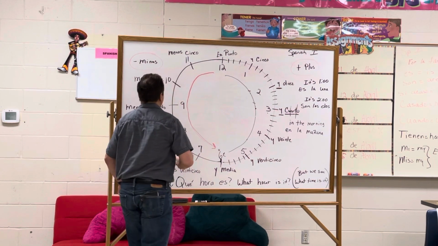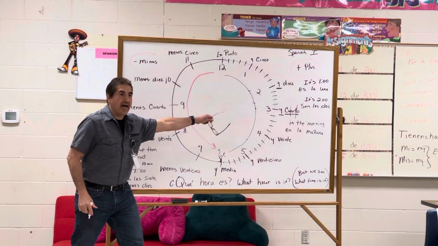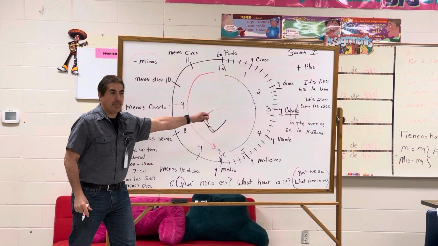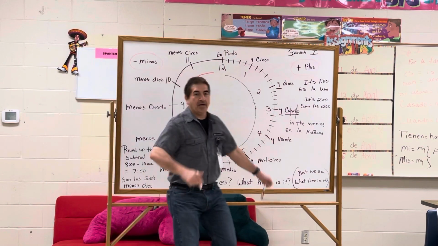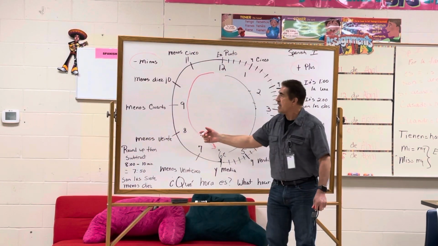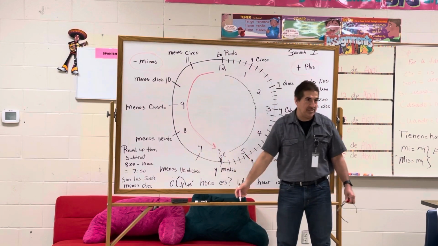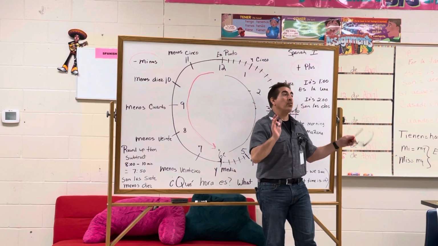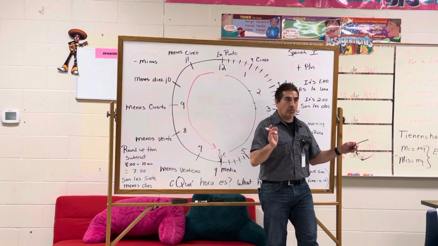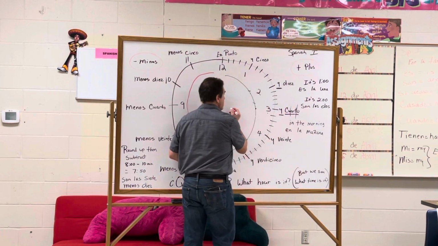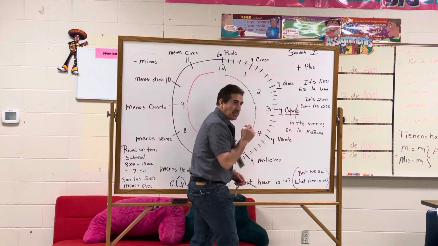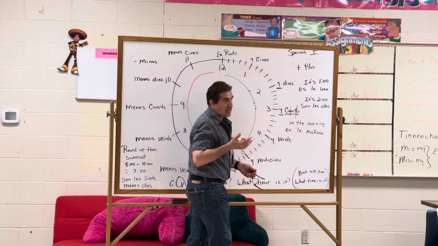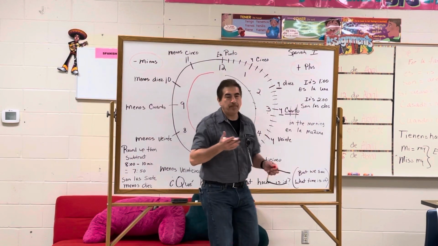If that side, Roberto, is plus, then this side of the clock is minus, right? I will teach you both ways. You have to know both ways. You can say, son las 3:15, or son las 3:15, right?